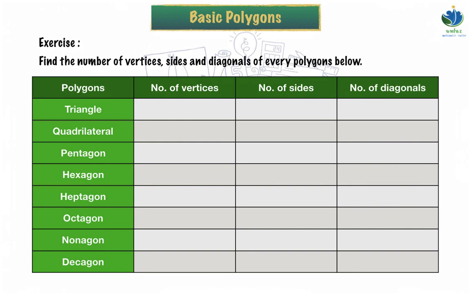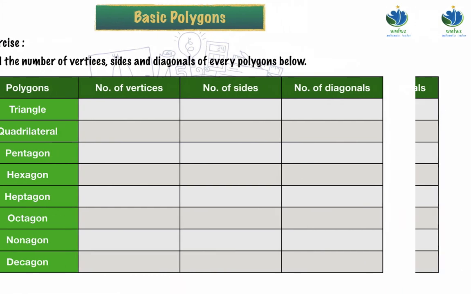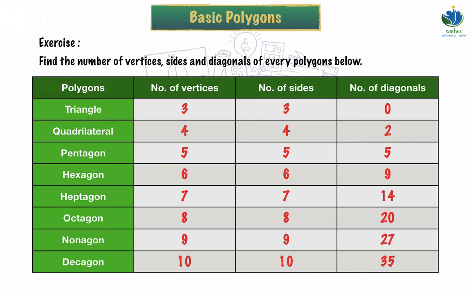So now I want you to pause this video and jot down this table and fill in the blanks. Okay, have you finished? Now let's check out the answers given. So did you manage to get all the answers correct?